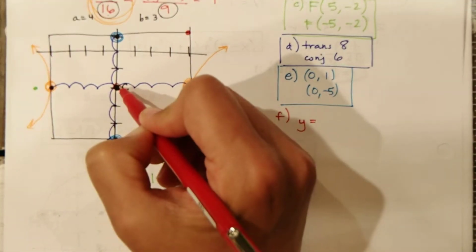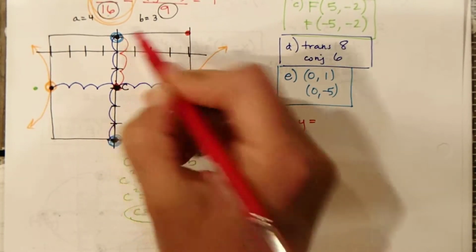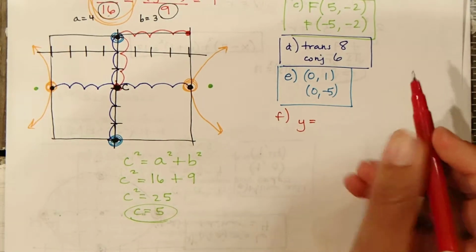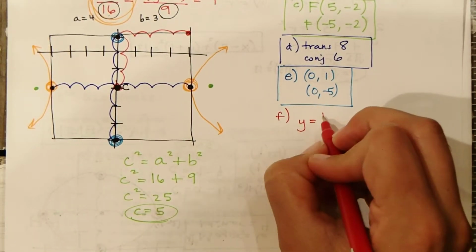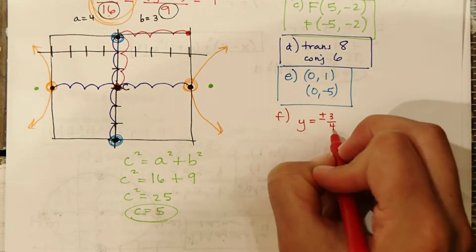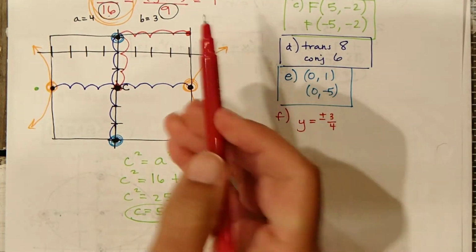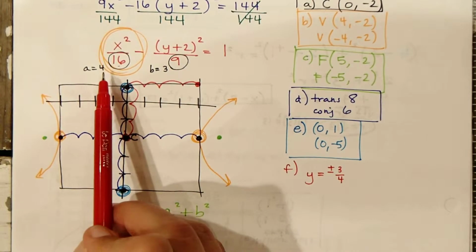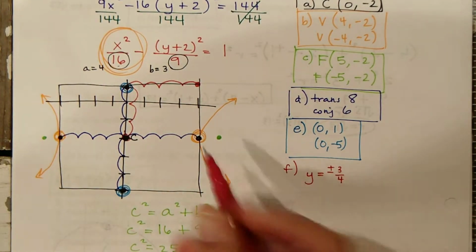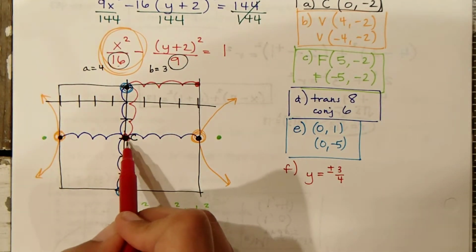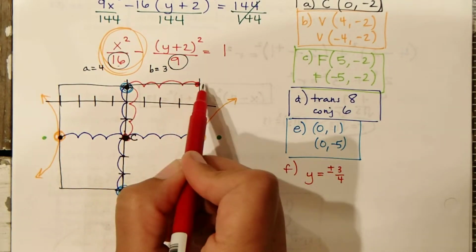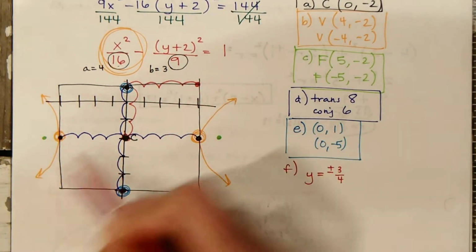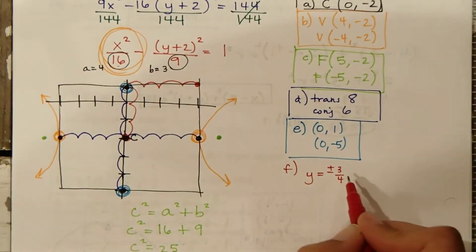We have to rise 1, 2, 3 and run 1, 2, 3, 4. So our slope is going to be plus or minus 3/4, which we can see here is b over a, just as a side note here. But it's going to be going in both directions, so it's going to be 3/4 this way and 3/4 this way, so it can be a negative or a positive. So that's all we have to do, plus or minus.